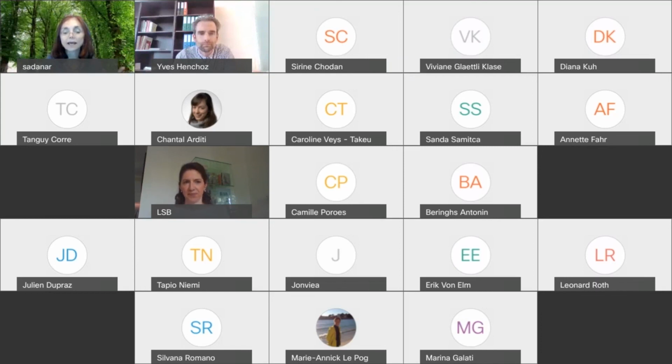Intrinsic capacity looks at all these different domains.